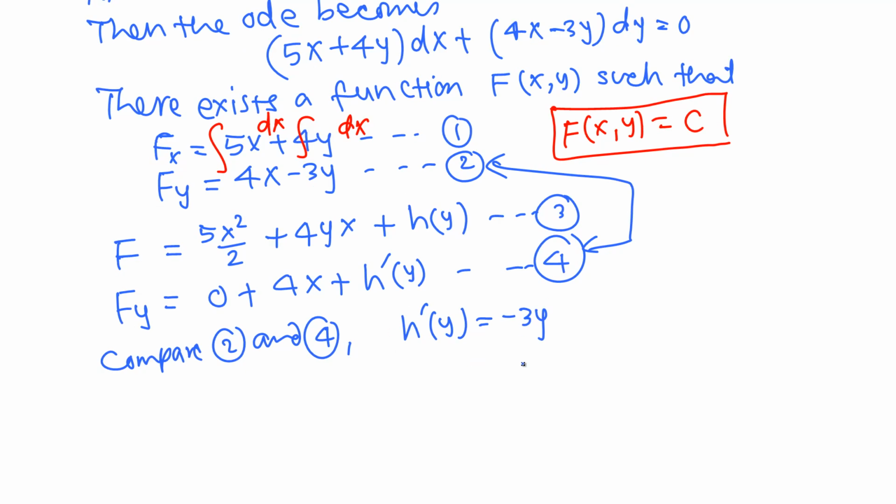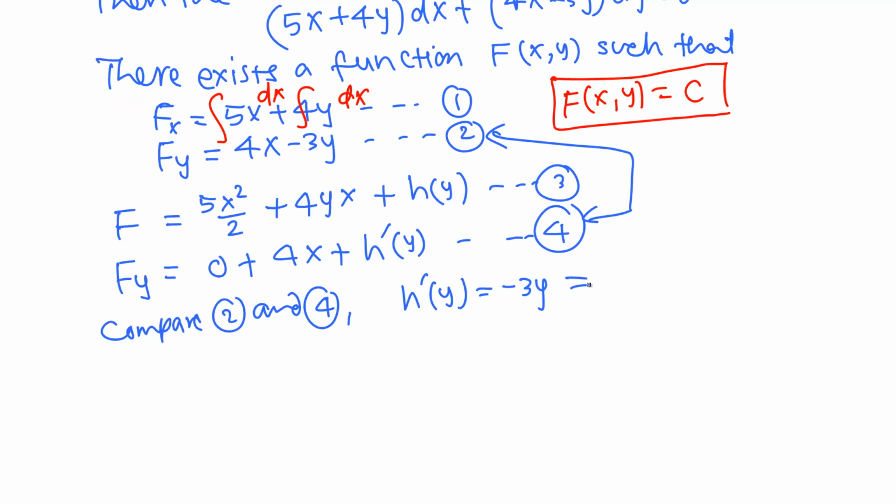Now integrate both sides with respect to y, we get h. So integrate, that's negative 3y squared over 2 plus c, but we can take that just as 0. We just need one h, not the most general h function. Even if you write plus c, that will be absorbed later.